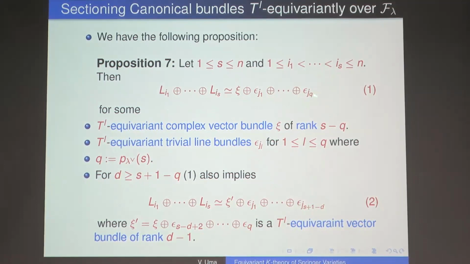The biggest is q maximum; this can be a smaller number, s plus 1 minus d can be less than or equal to q. So again, we can split off that much. So this will be a trivial equivariant vector bundle of rank d minus 1. It is important to note the rank of this. So whenever i1 up to is vary from 1 to n, we can split like this.